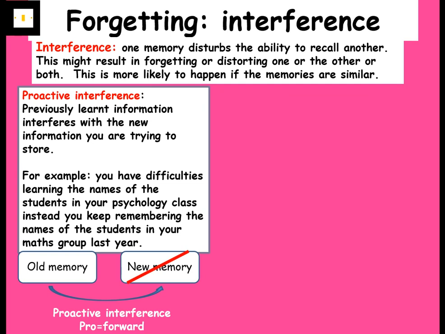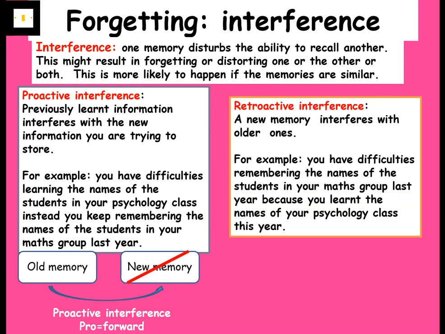For example, with Ben at the start, he wasn't able to carry out calculations using the A-level method because the GCSE maths method was interfering. So previous information was interfering. Another example: you have difficulties learning the names of your students in your psychology class because you keep remembering students in a previous class. That's where an old memory interferes with a new memory.